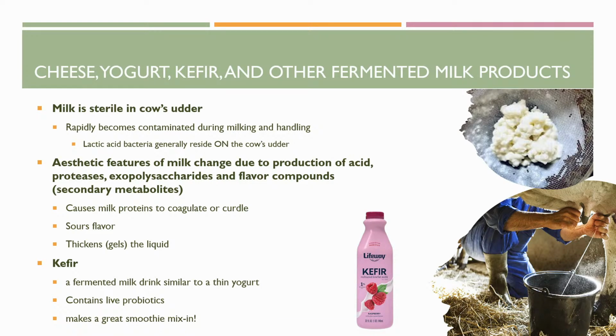There's lactic acid bacteria that are generally on the cow's udder, and so that's going to expose bacteria into the milk. And then the aesthetic features of milk change due to the production of different acids, proteases, and other things. So we'll talk a little bit more about this.